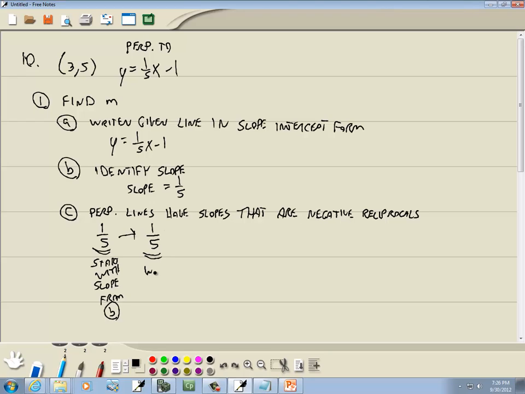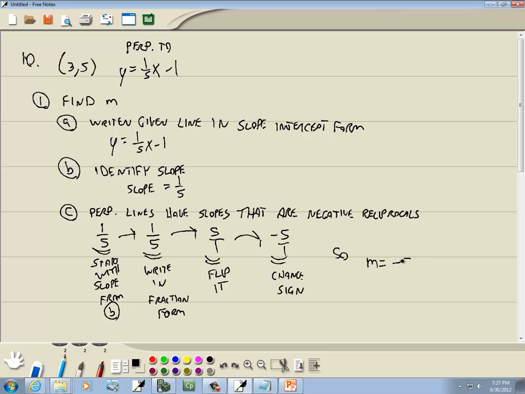Then we'll write it in fraction form. Well, this one's already a fraction, so we're fine. Flip it. That's the reciprocal part. Top goes to bottom, bottom goes to top. And then change its sign. So our slope, our m, is going to be -5/1 or -5.